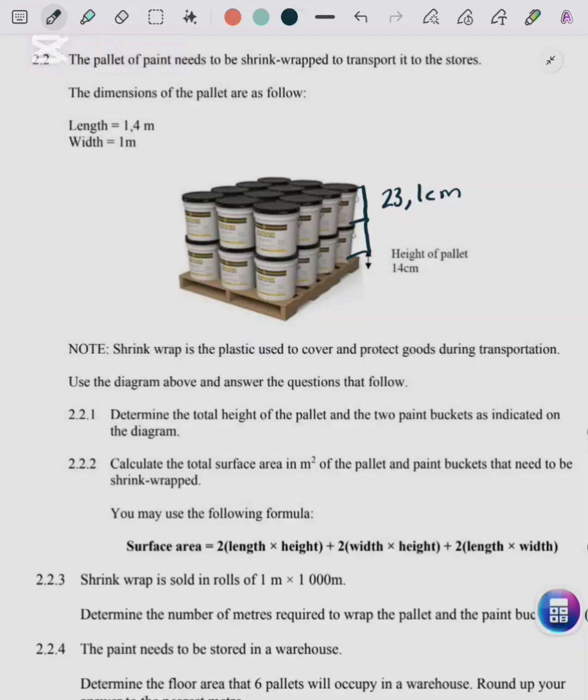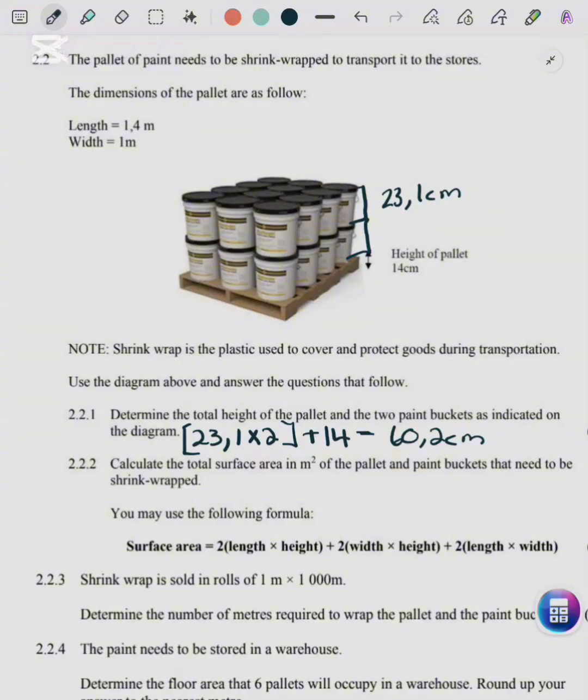So all we need to do for this one is add them together. We got 23.1 times 2, or you could just add them. And we also add the palette height of 14. This is all in centimeters. So we can just go and say, well, what does that equal to? So that's 46.2, which will give you 60.2 centimeters.